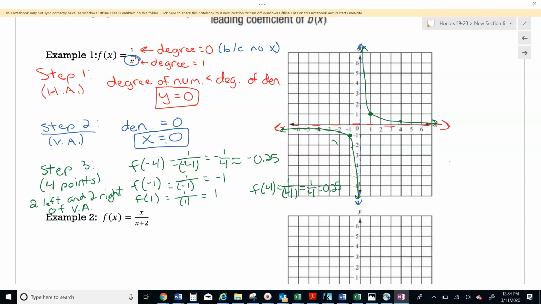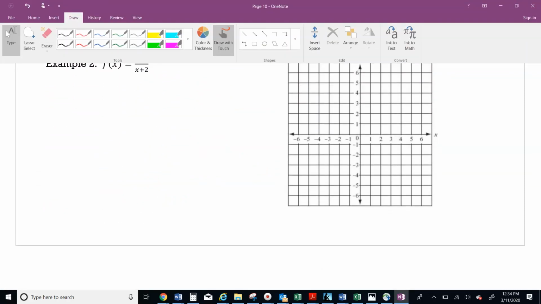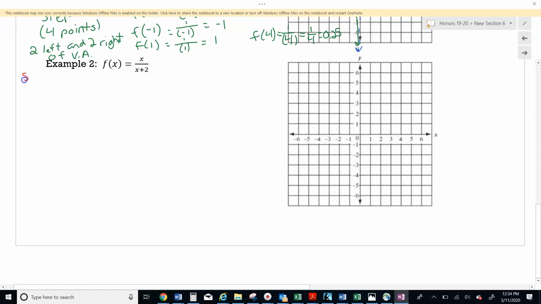All right, let's look at example 2. f of x equals x over x plus 2. Step 1. So this has a degree of 1. Right, remember your degree is that exponent. This has a degree of 1.